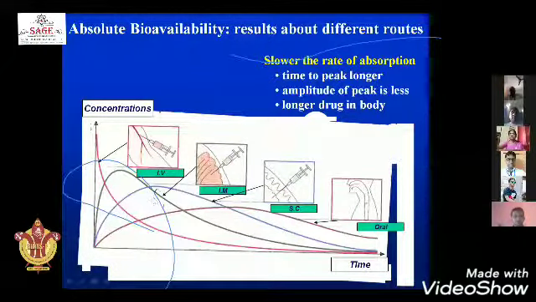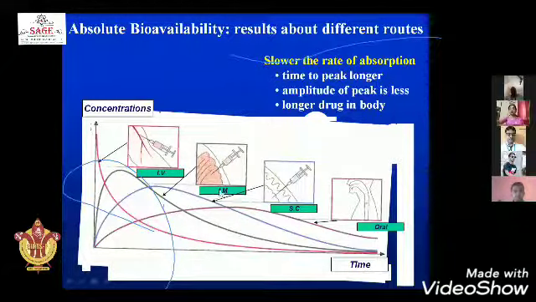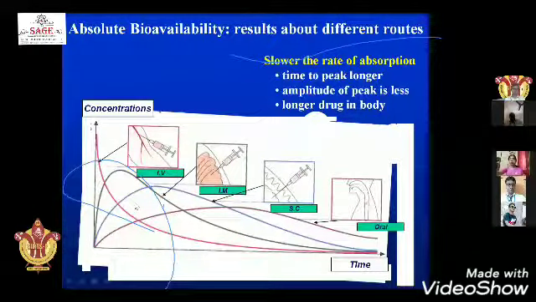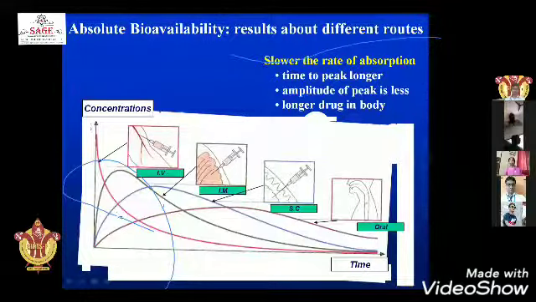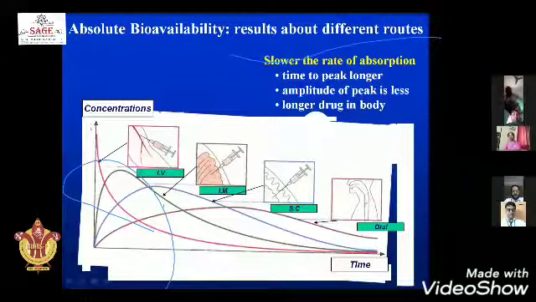Similarly, in the subcutaneous route, there is a delay in achieving the peak concentration because of delay in absorption. In oral administration, there is a long delay in achieving the peak concentration, right?